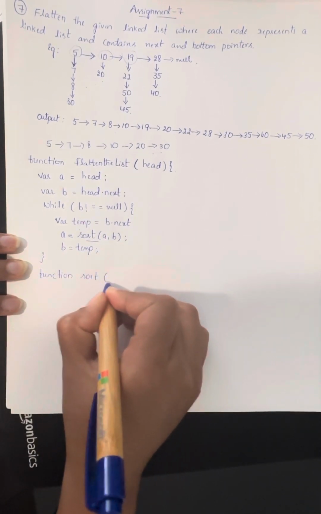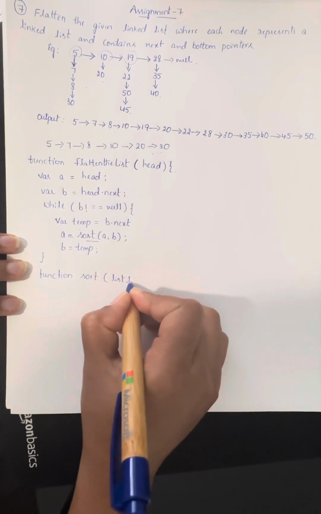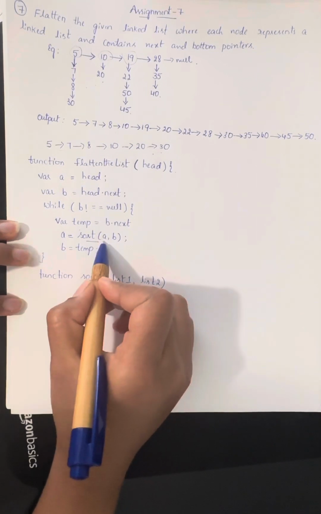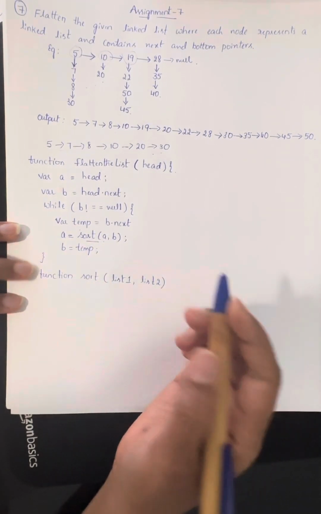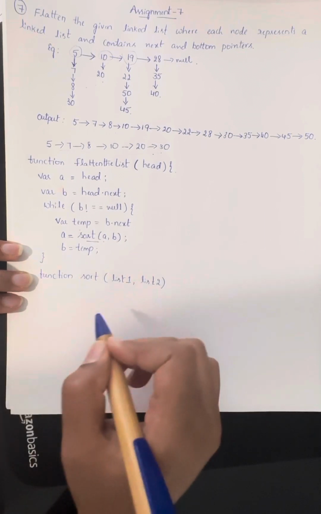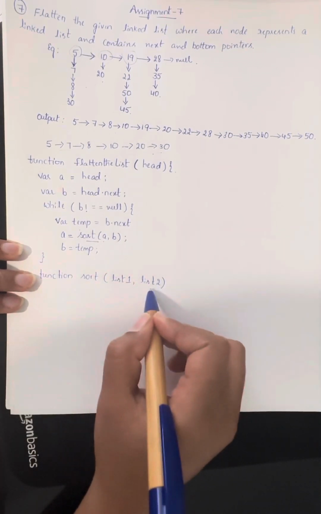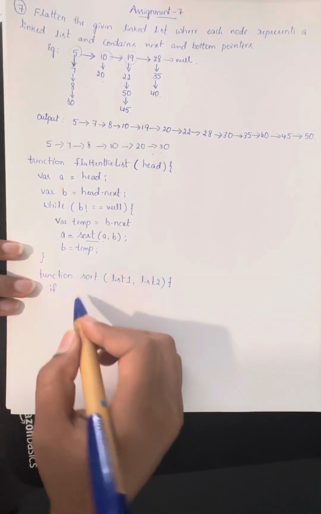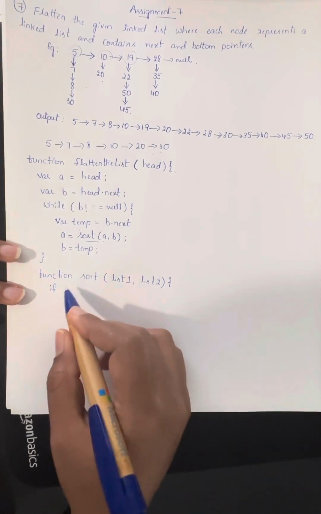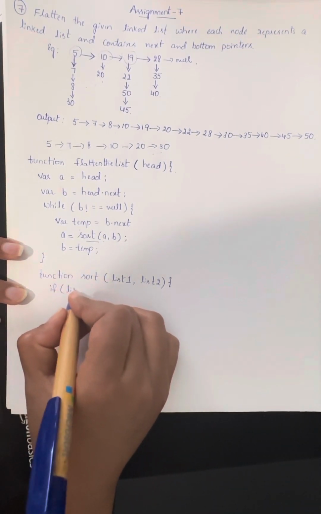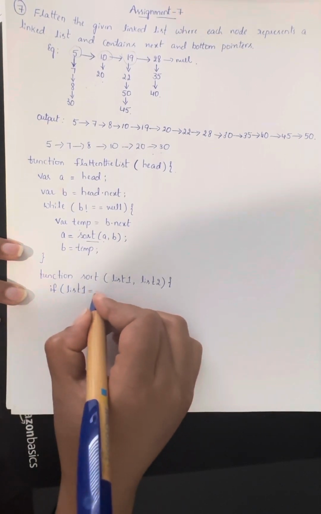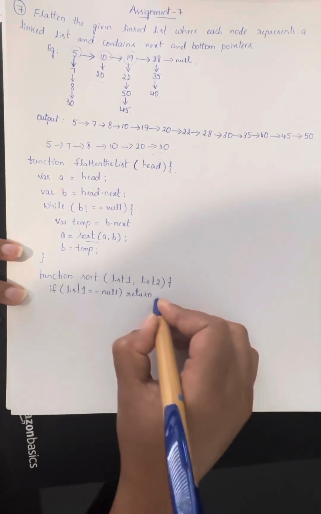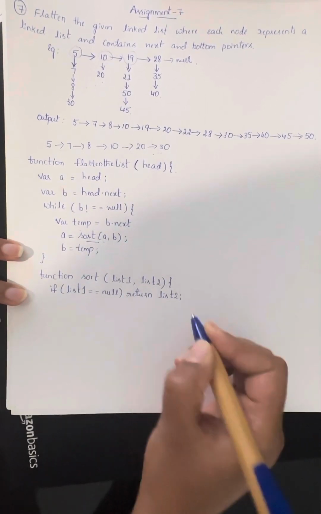Function sort, list1 and list2. Both of these a and b are two individual lists. So the inputs for this sort function are two lists, and for this merging we are using recursion. If list1 is equal to null, then we just return list2, and vice versa.